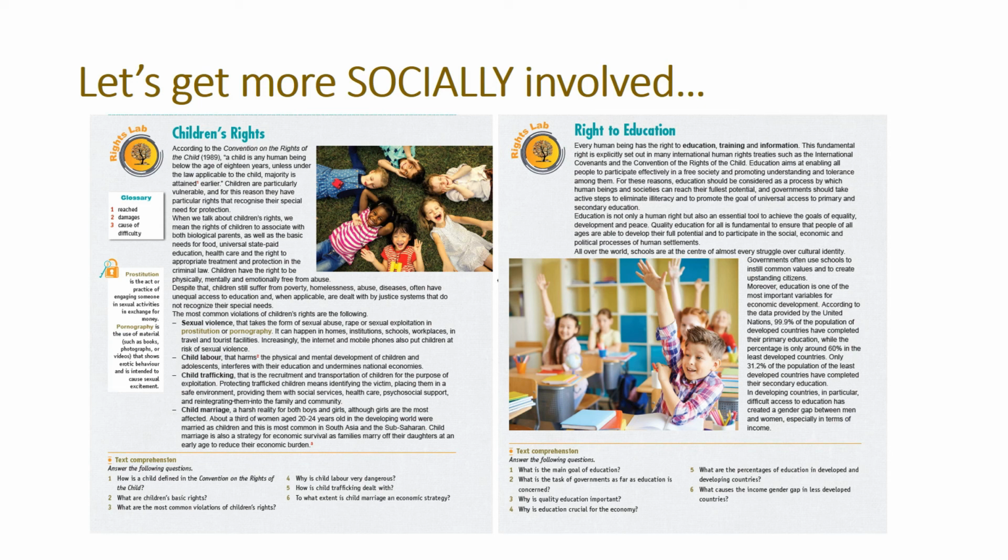Since we have dealt with childhood and imagination, at this point we could focus on children's rights, and in particular the right to education. This could obviously also be linked to the Sustainable Development Goals, the part of the curriculum which has to do with citizenship.